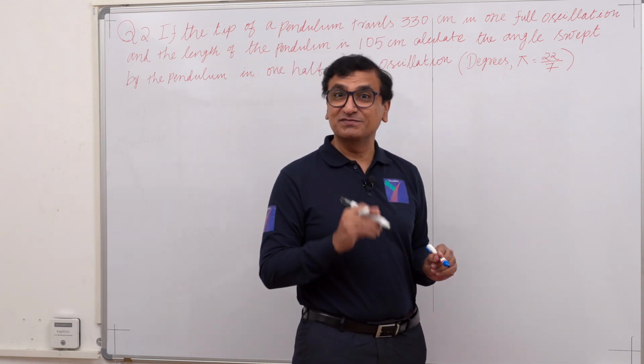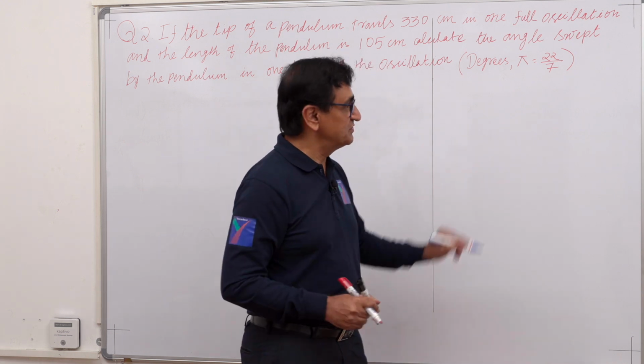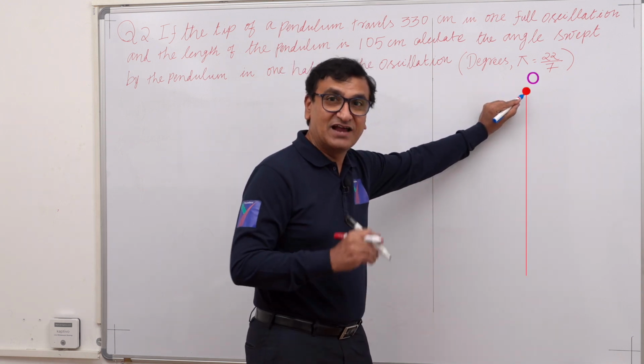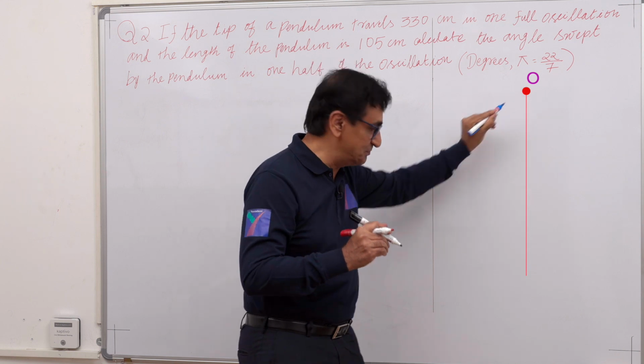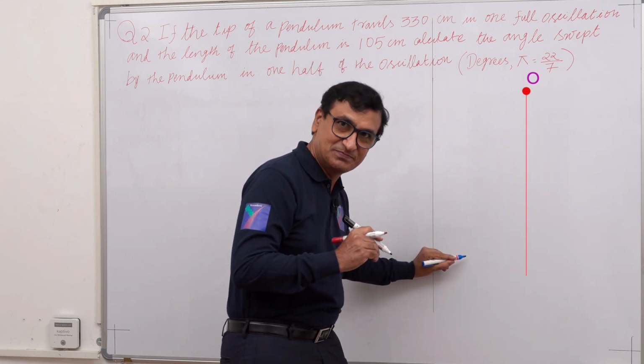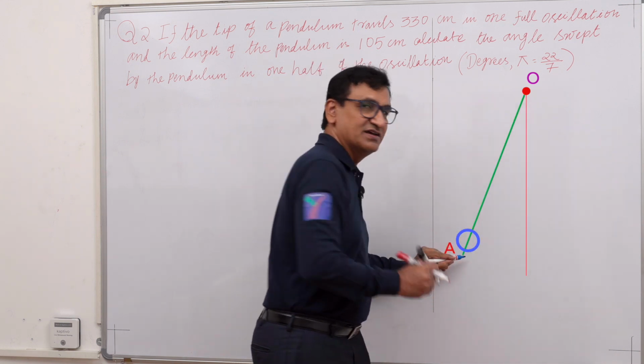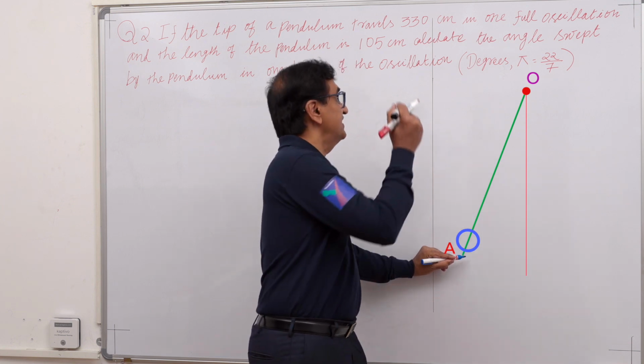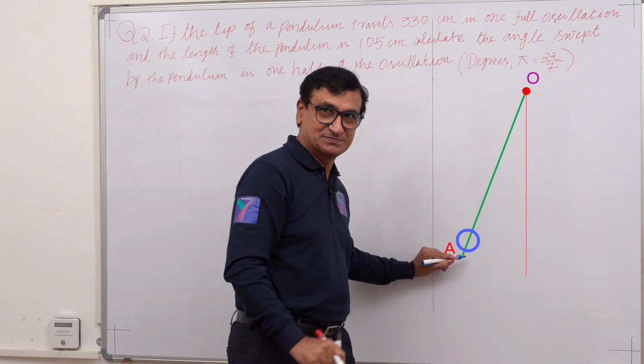First, let me describe the pendulum for you. The pendulum is fixed at point O, and when it starts the oscillation, the tip of the pendulum is at point A. The length OA is the length of the pendulum, that is given as 105 centimeter.